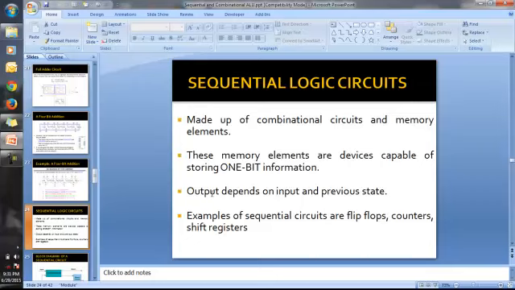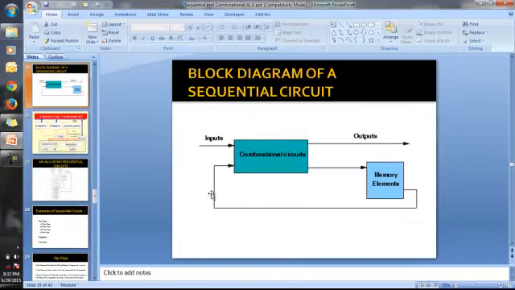The memory elements are devices capable of storing 1 bit of information. The output depends on the input and the previous state. Examples of sequential circuits are flip-flops, counters, shift registers and so on.